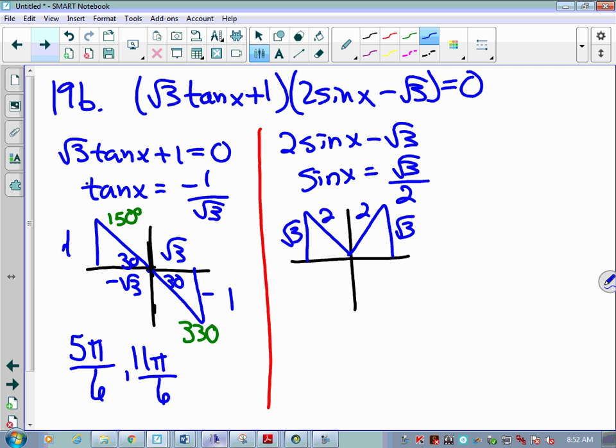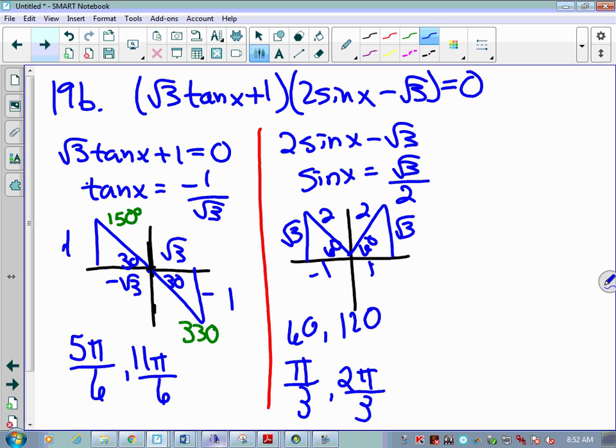Radical 3, 2. 1, -1, 60 degrees, 60 degrees. Right, we've been in these positions before, so we've got x equals 60 and x equals 120. Okay, we'll just convert those. What we should get again is pi over 3 and 2 pi over 3. Okay, hopefully those make a little bit more sense.